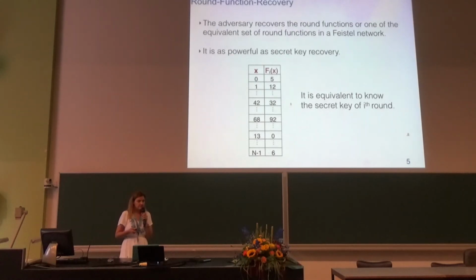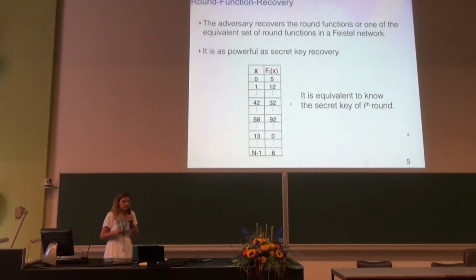And the second column represents the outputs for these inputs. If I recovered such a table, that means I recovered the round function for the ith round. And this is basically equivalent to recovering the secret key of the ith round.